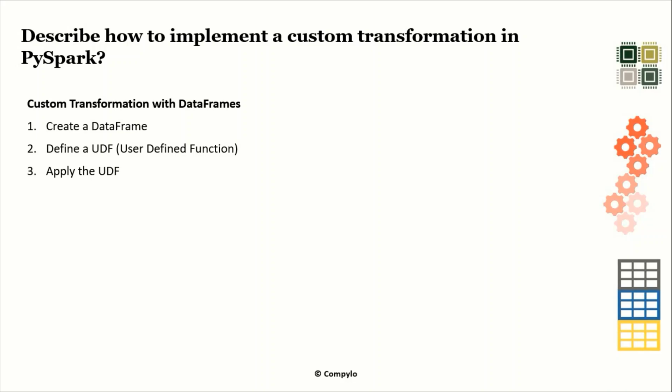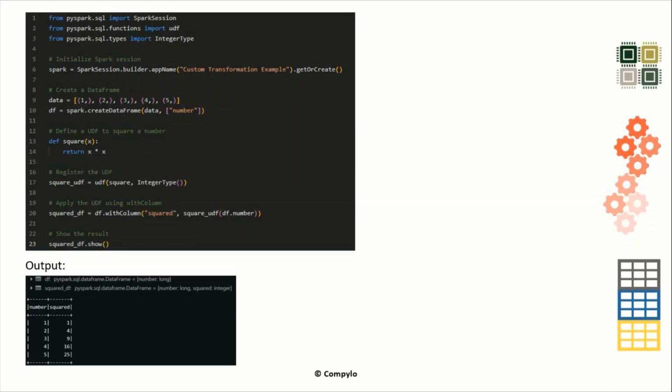Let's understand it using an example. As you can see on the screen, we are creating a data frame using the data mentioned at line number 9. After that, at line number 12 to 14, we are defining a user defined function which squares the number.